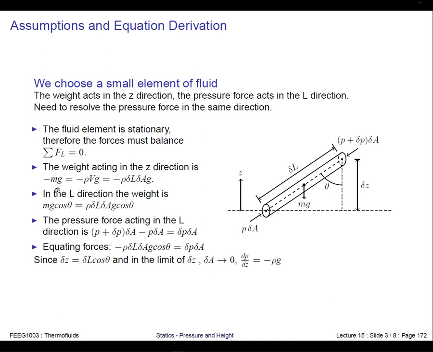The mass is equal to the density times the volume of the cylinder. The cross-sectional area we'll call delta A, and it's dl long, so this dl gives us the volume.